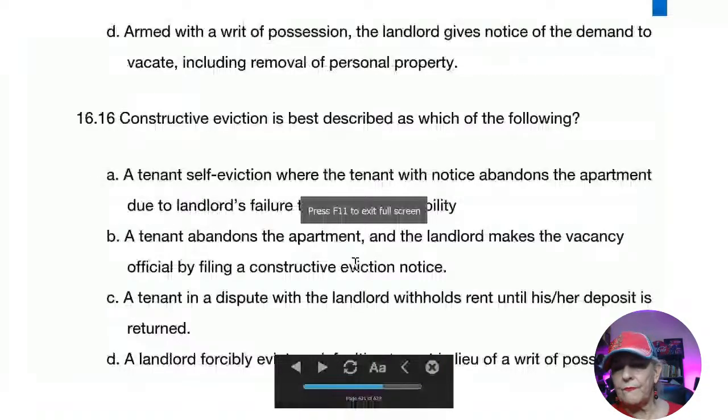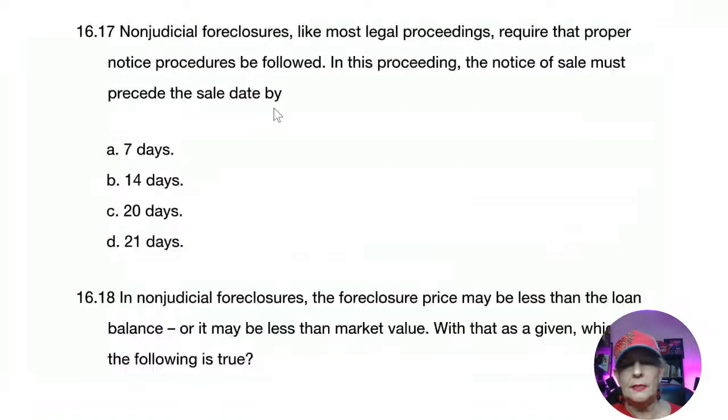Okay, number 17. Proper notice procedures must be followed. In this proceeding, the notice of sale must precede the sale date by A, 7 days, B, 14 days, C, 20 days, or D, 21 days. So this is in Texas. Okay. Non-judicial foreclosures, meaning they don't have to go to court and get the judge approval. That would be a judicial foreclosure.